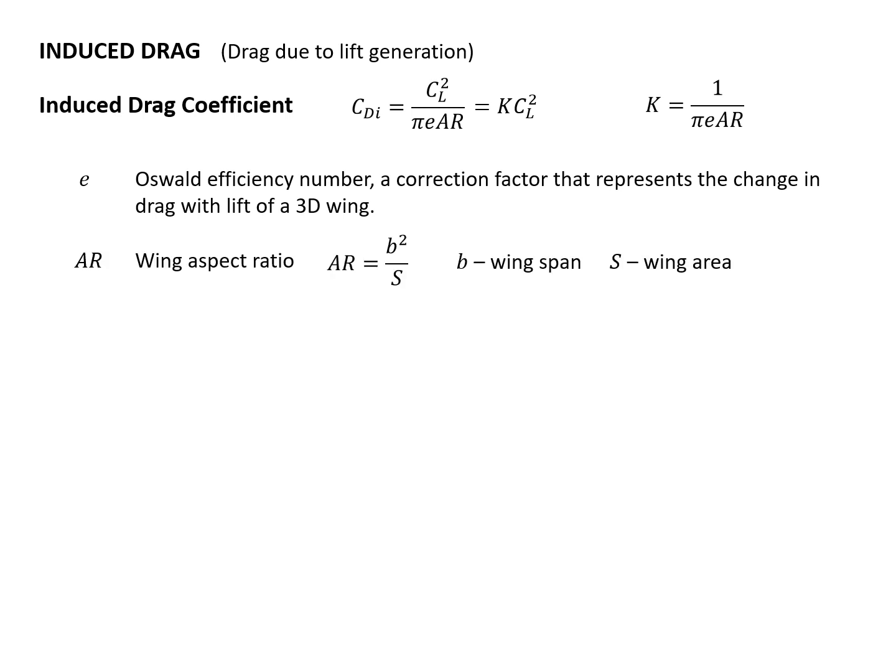AR is the aspect ratio, defined by b squared divided by S, where b is the wingspan and S is the wing area. For a rectangular wing, which is the most simplified geometry, AR can be simplified as b over c, because S is b times c, so the b on top and bottom cancel, and c is the chord of the wing.